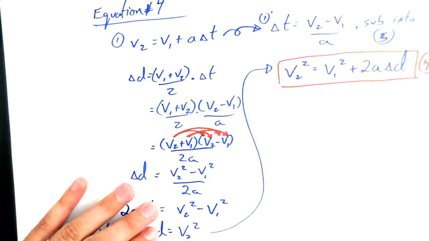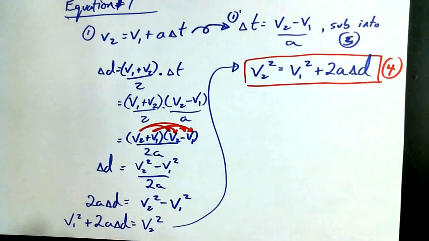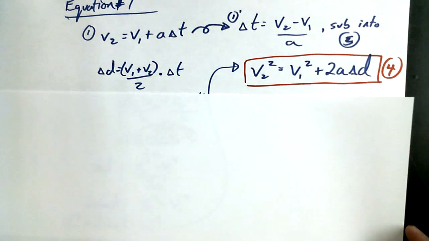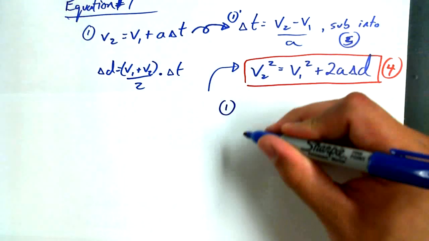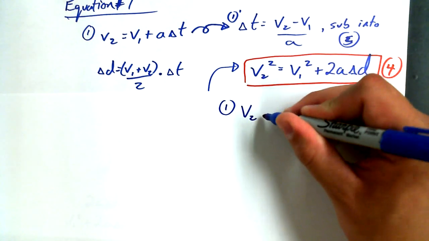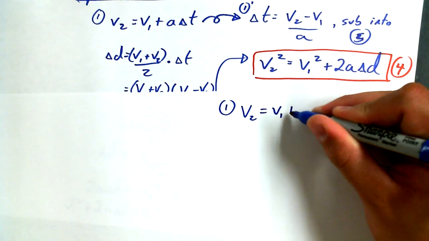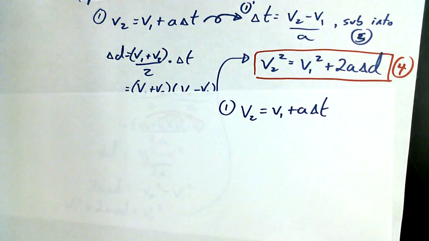So, equations 1, oh, did I take it away too fast? Okay, I'll leave it there for a second. But I'm going to bring out a new piece of paper. Equation 1, we're going to call v2 equals v1 plus a delta t. And this time I'll put the vectors over top, okay?